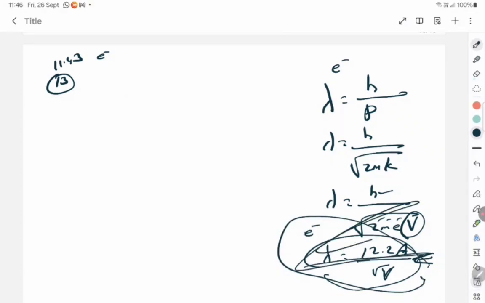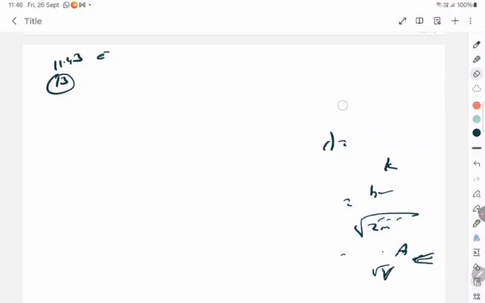Okay, can I use this in this sum? The question is about an electron. Depends. It also depends on what they are talking about. So calculate the de Broglie wavelength of an electron moving at the speed of, they've given speed and all. So obviously I won't use that formula. You need to have the potential, and there's no potential in this question.